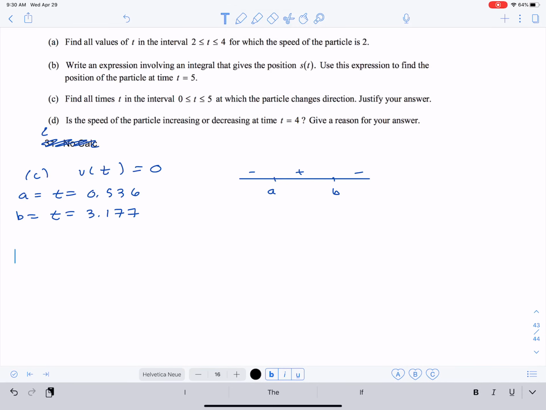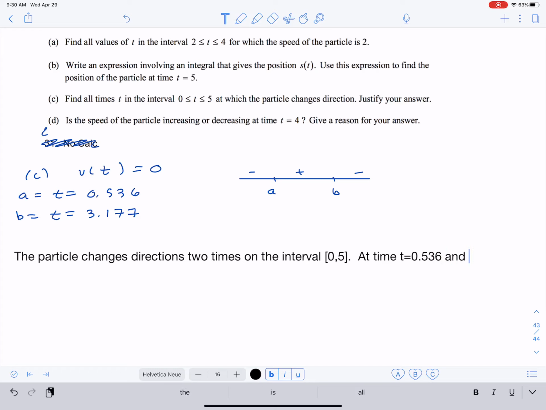So I'm going to say the particle changes directions 2 times on the interval 0 to 5, at time t equals 0.536 and t equals 3.177.